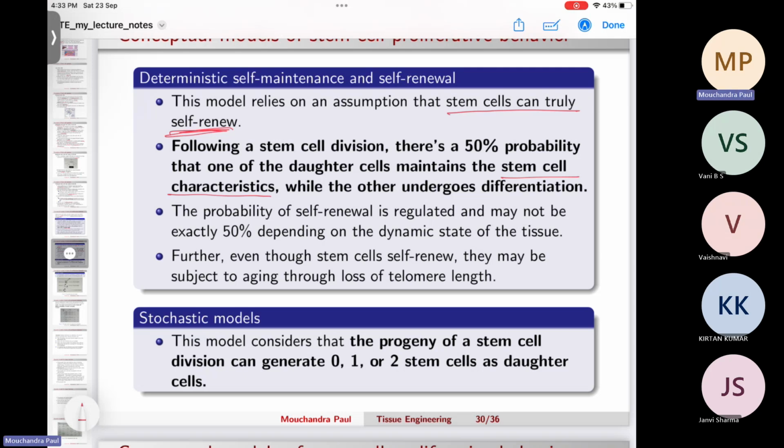Either both of the daughter cells will undergo differentiation, meaning none of the daughter cells contributes to the stem cell reservoir, or one daughter cell remains in the reservoir and another undergoes differentiation, or both of the daughter cells will maintain their stem cell characteristics and replenish the reservoir. So you can get 0, 1, or 2 stem cell daughter cells. That is what the stochastic model says.